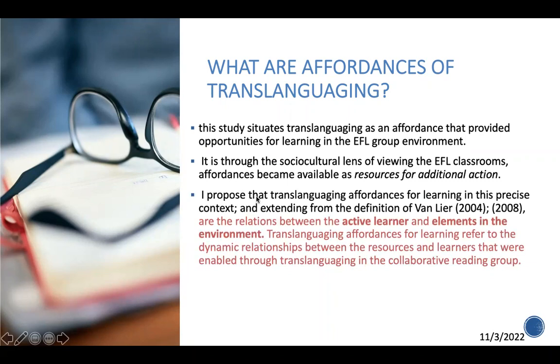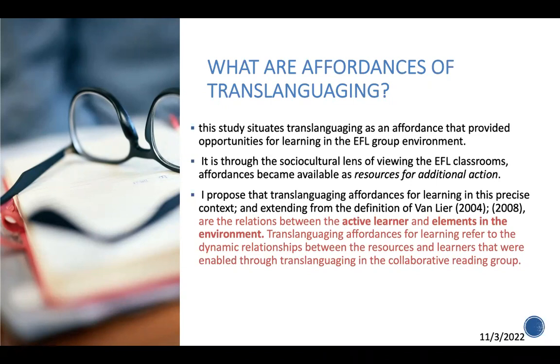So I present a definition of what I mean by translanguaging affordances, and this is built on the definition of Van Lier in 2004 and 2008, that they are the relations between the active learner and the elements in the environment.